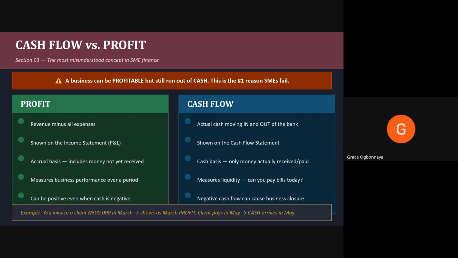What is recorded there is money that you actually received, not money yet to be paid. Oh yes, you rendered the service, but the customer has not yet paid you. That money is not going to be recorded in your cash flow statement. What is recorded there is what you have received in your bank and what is leaving your bank.